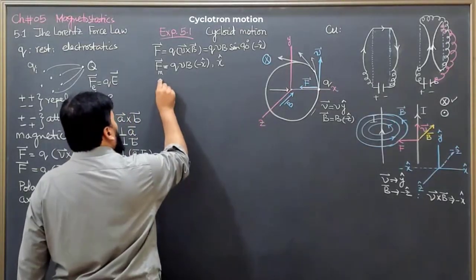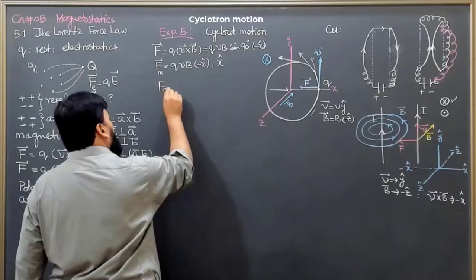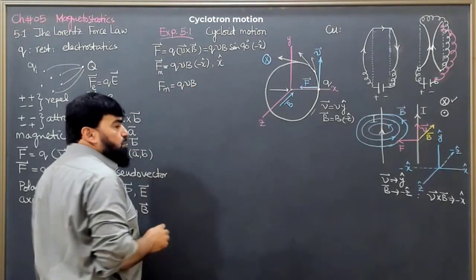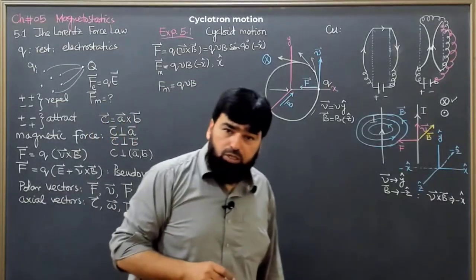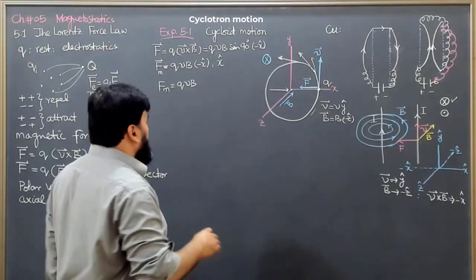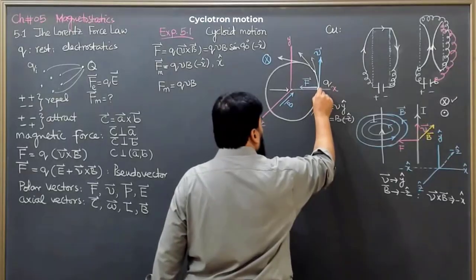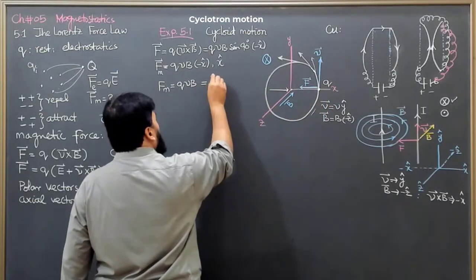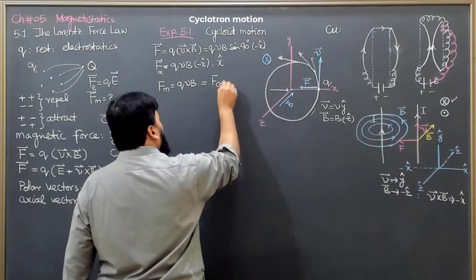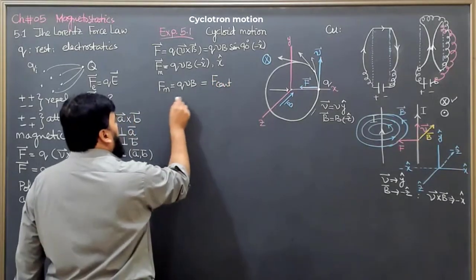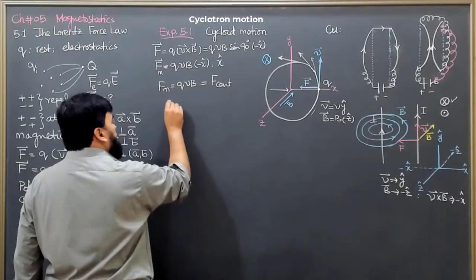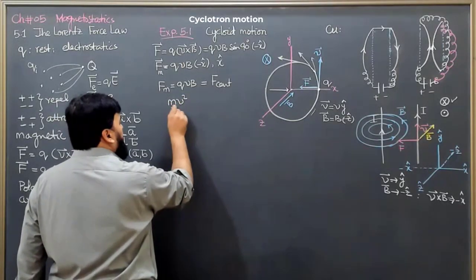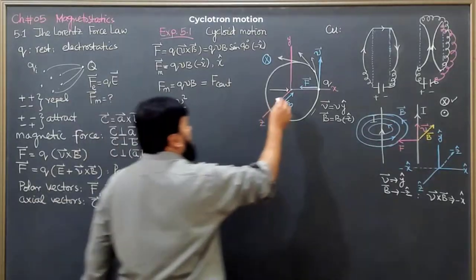So we had the magnetic force basically equal to qvB, and it behaves like the centripetal force. And the centripetal force means a charged particle, so it is having some mass as well. And this force is equal to the centripetal force, which is mv squared over the radius of this circle.